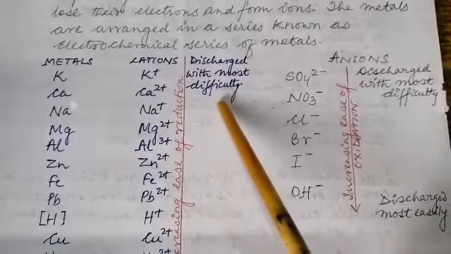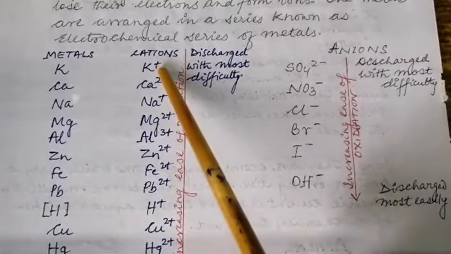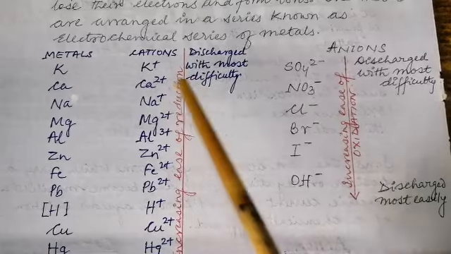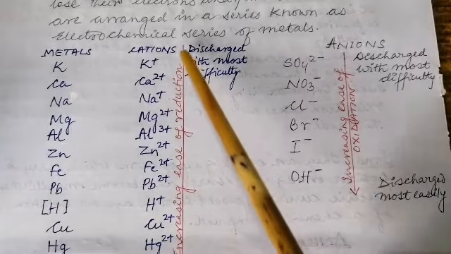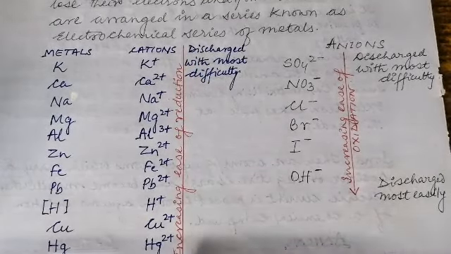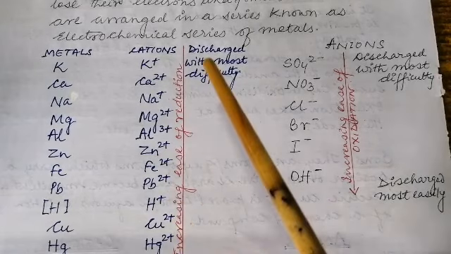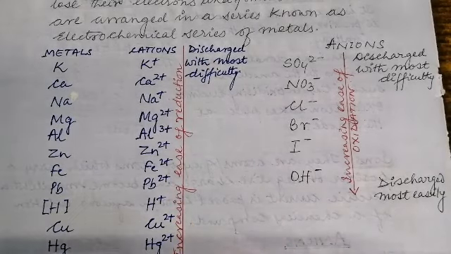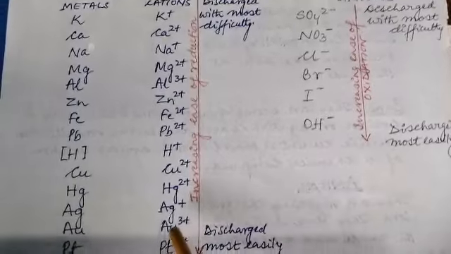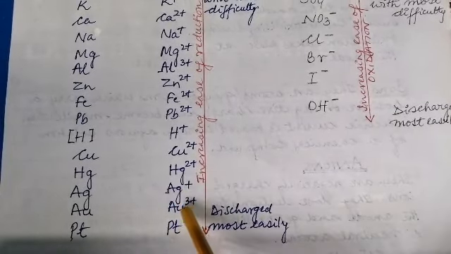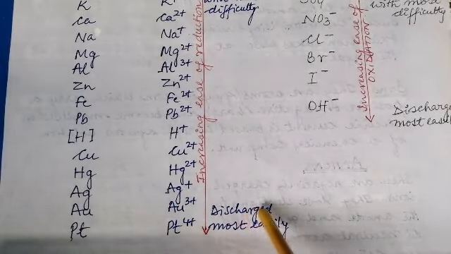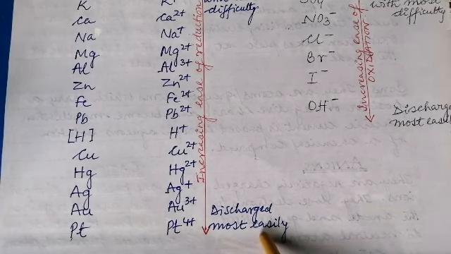They cannot be easily discharged, for example potassium or calcium or sodium. Now, as you move downwards, the ease of reduction increases. So the ones at the bottom, for instance silver, gold, platinum, get discharged most easily.